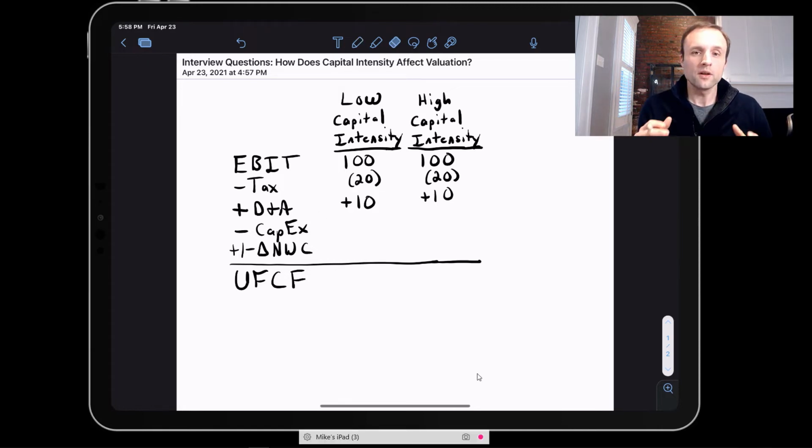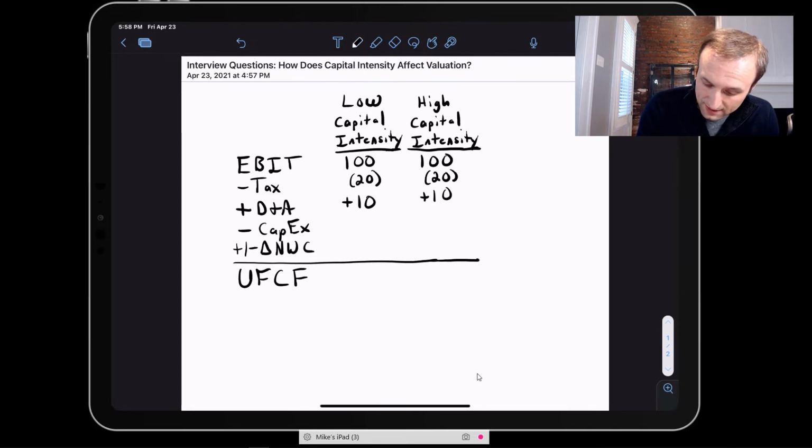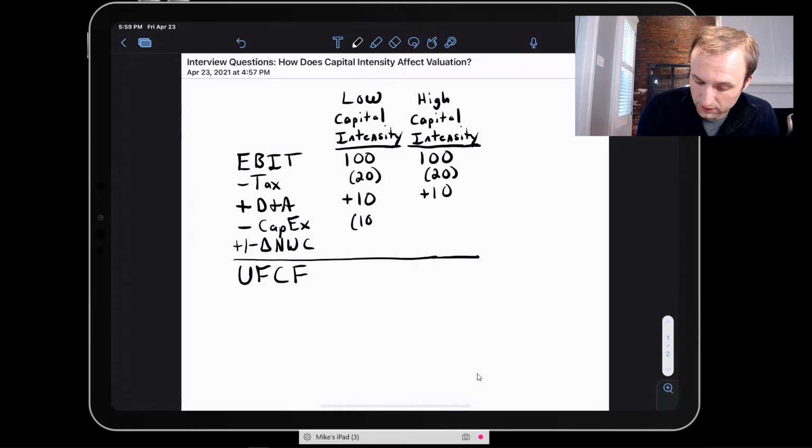All right, let's start on the left-hand side here and look at our low capital intensity business. And again, we're imagining this is a business that outsources its manufacturing, so it has lower reinvestment or capital expenditure requirements. So we're going to assume that this business has $10 of capital expenditures each year that are needed. And we'll also assume that the business needs to invest in working capital as it grows. And let's make that number 5. So it's going to be -5 of working capital.